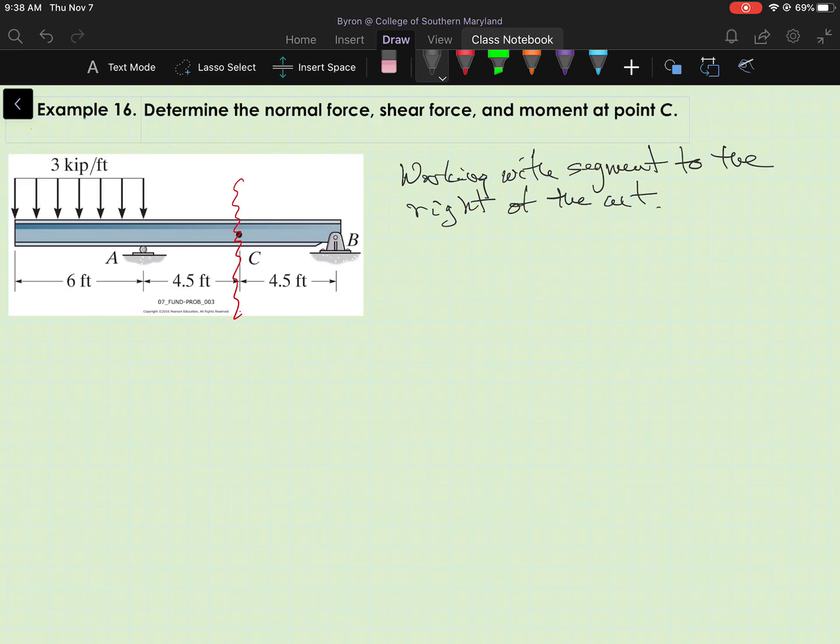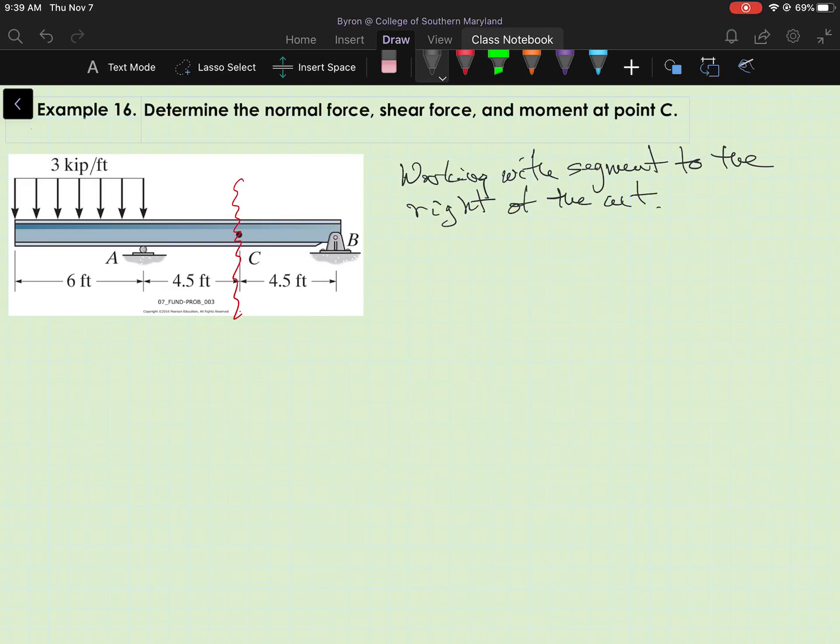Okay. Now, before I draw that free body diagram of the segment, I know that I need to find the reaction at B. So the first thing I'm going to do is solve for the reaction at B by drawing a free body diagram of the entire beam. And I am going to take a shortcut. I'm not going to redraw that beam and subject the viewer to a bunch of squiggly lines.